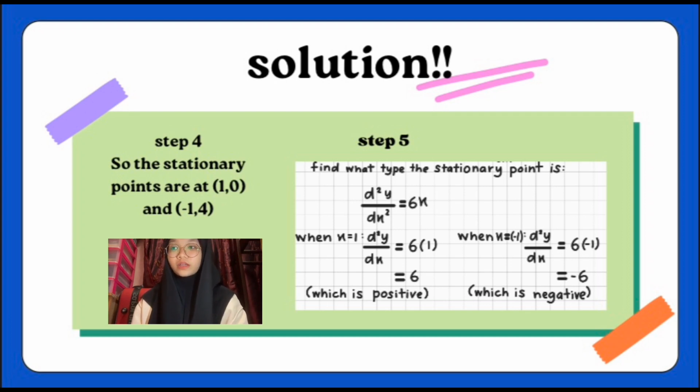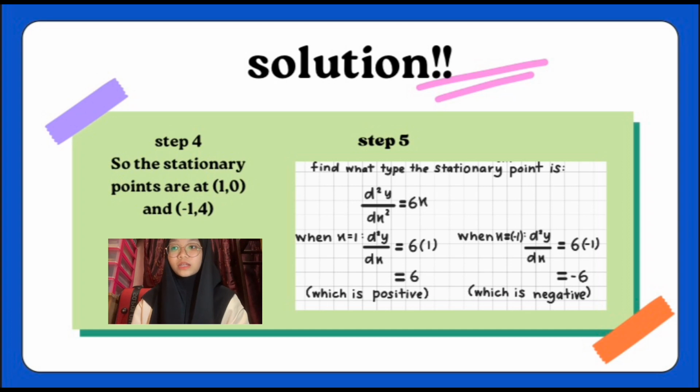The first one, when x is 1, we replace it in the formula. So it will be d square y per dx square equal to 6 in bracket 1. Brackets mean multiply. So 6 multiplied by 1, the answer that we get is 6, which is positive.